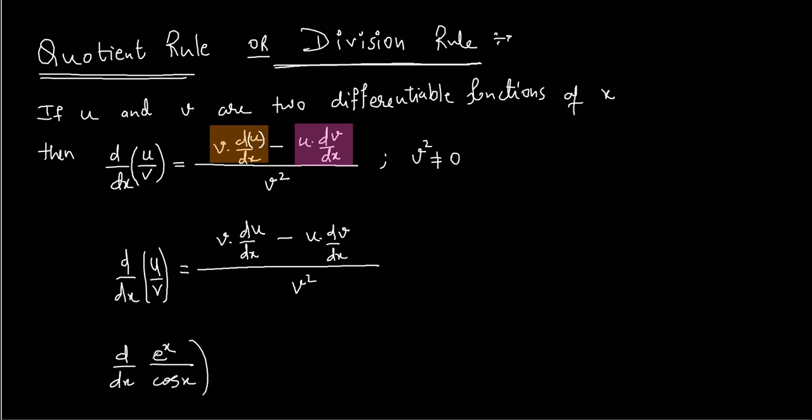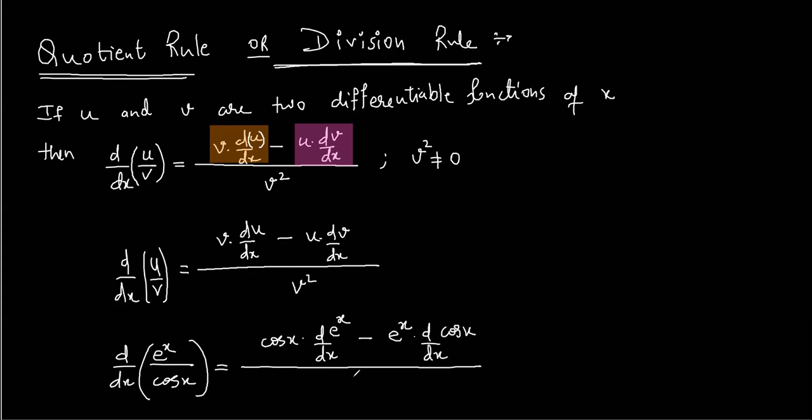The rule says always write the derivative of the numerator first. So I will have cos x multiplied to d by dx of e raised to x, minus e raised to x into d by dx of cos of x, and then cos x the whole square.